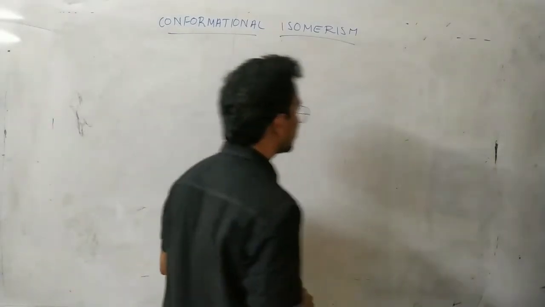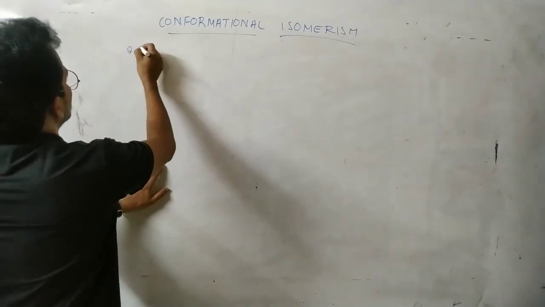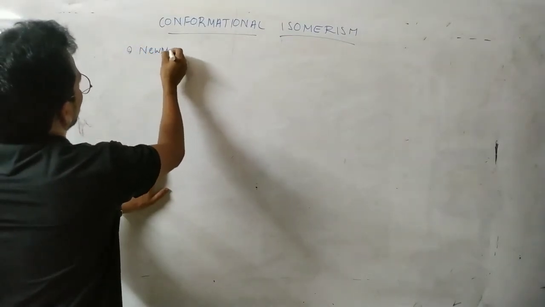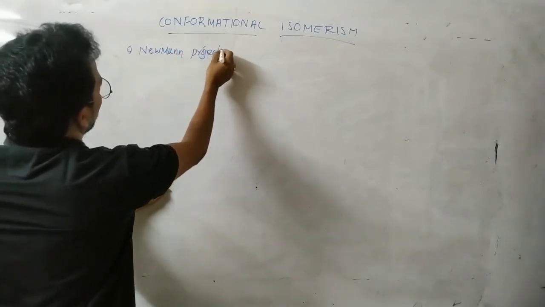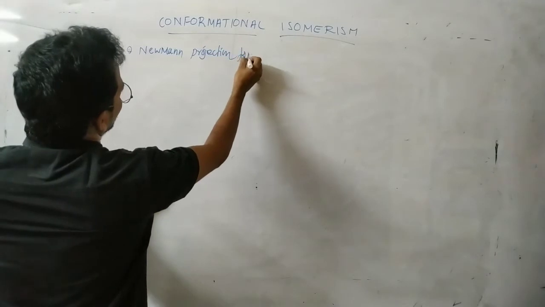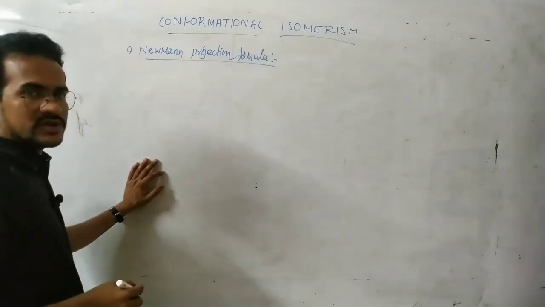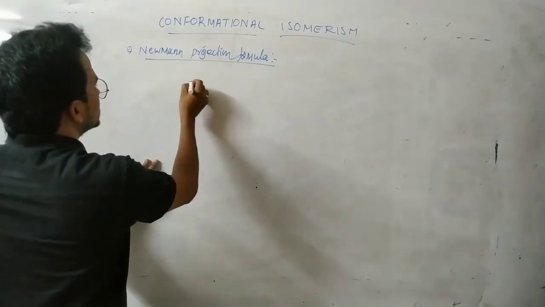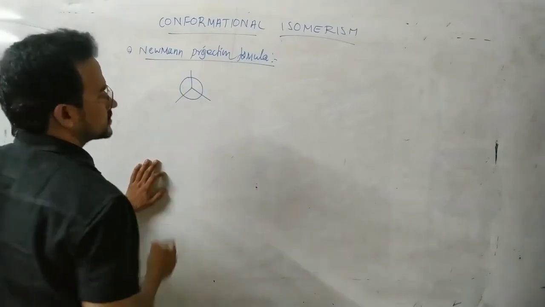You see this one. The first one is the Newman projection formula. In a Newman projection formula, this is the way of representation.